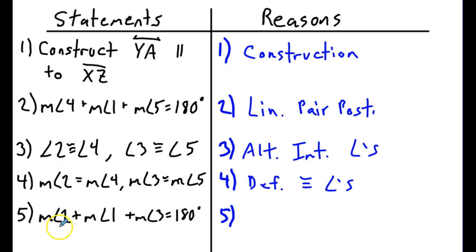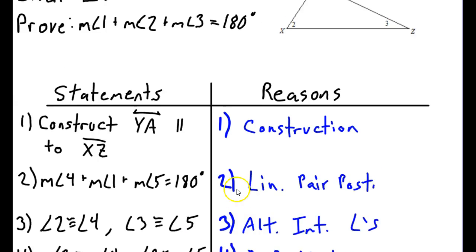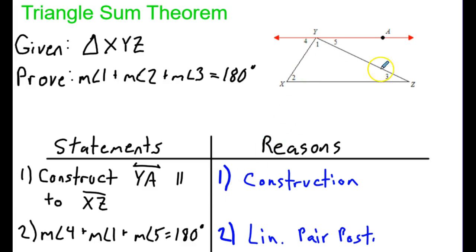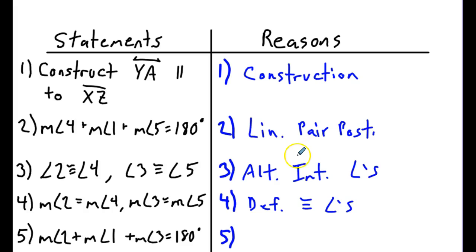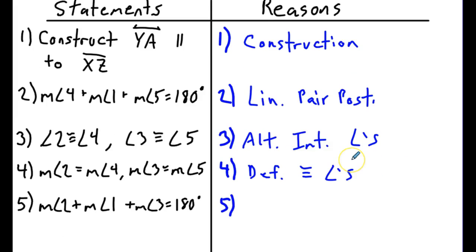Okay, so now I have the measure of angle 2 plus the measure of angle 1 plus the measure of angle 3 is equal to 180 degrees. Those are the three interior angles of this triangle, and the reason for that is substitution.